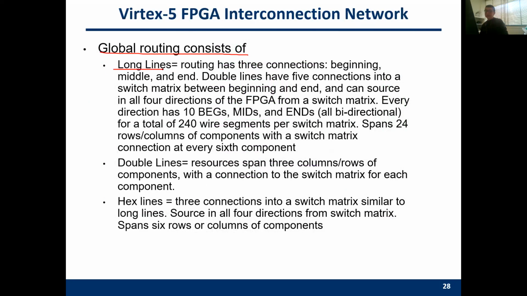So there are several types of so-called global routing lines. Different components have different performance, of course. Different lines here have different frequency, but also they have different overhead. Overall, if you want to achieve higher throughput or higher frequency, you need to pay larger power consumption.